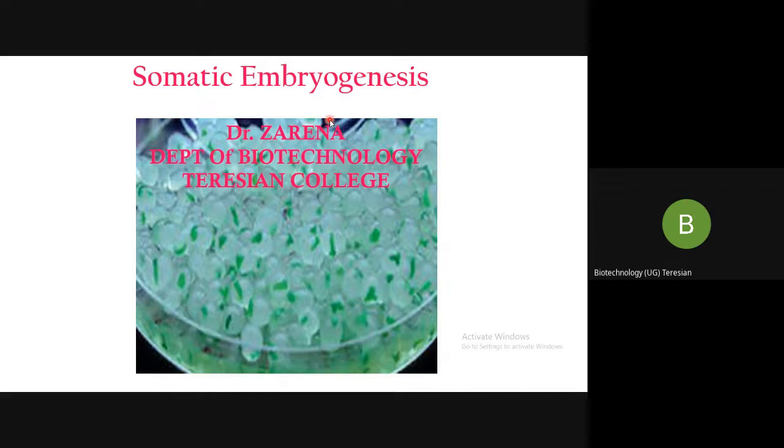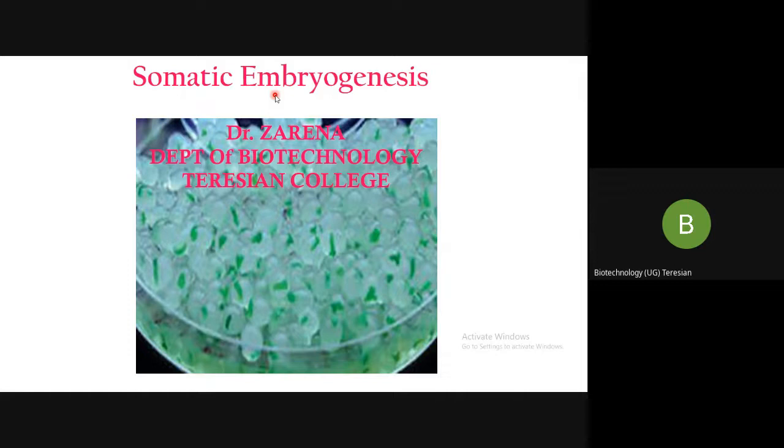So it means that if you want to produce synthetic seed in large numbers, you also have to produce the somatic embryos in large numbers. But remember, I told you that somatic embryogenesis can be produced in two ways. One is the direct method, the other is the indirect method.